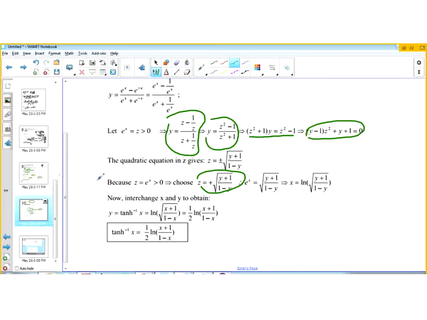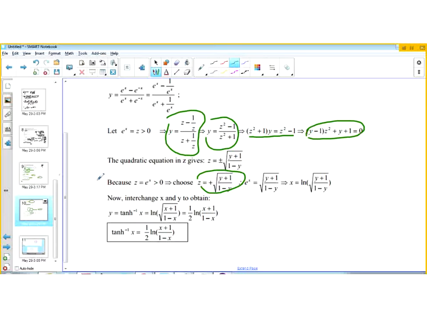All right, so now we can go on and talk about the derivatives of hyperbolic functions. That shouldn't be too bad of an undertaking. Let's see which problems are useful here.